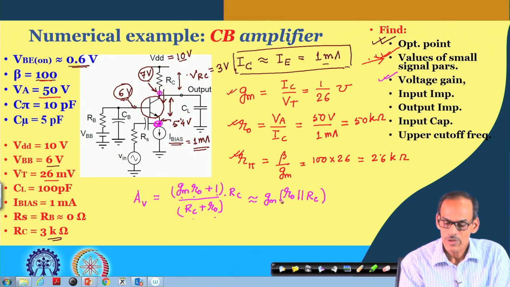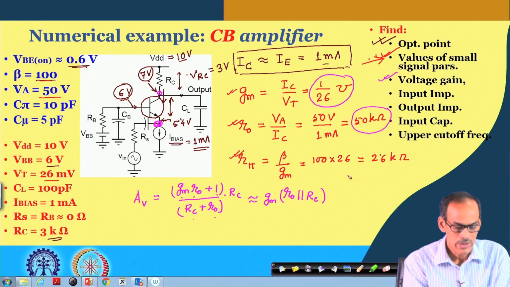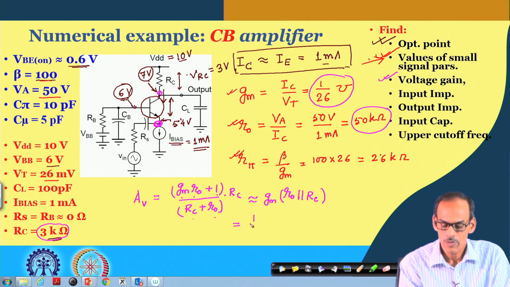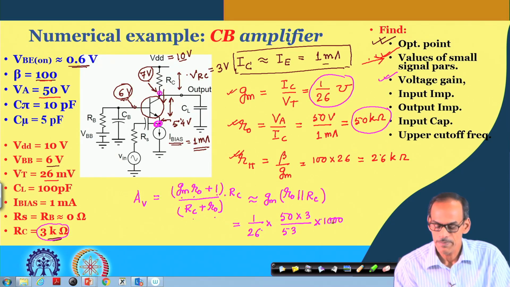So, for the voltage gain, if I plug in this value of G m and then R naught and then R C of 3 k, what we will get here is 1 by 26 multiplied by R C, it is 50 k into 3 k divided by 53. So, this is k and this is 1 by 26. So, I should say this is multiplied by 1000.